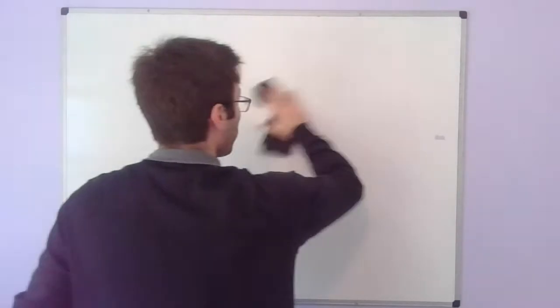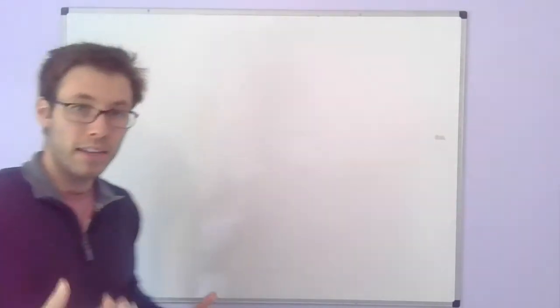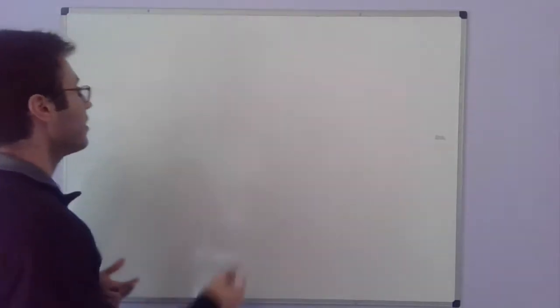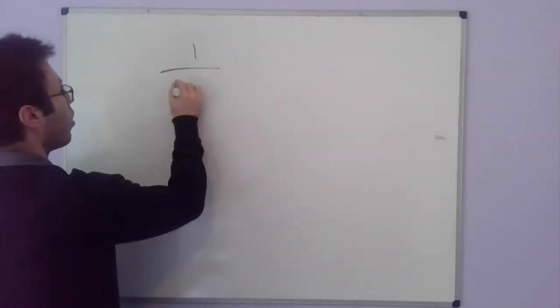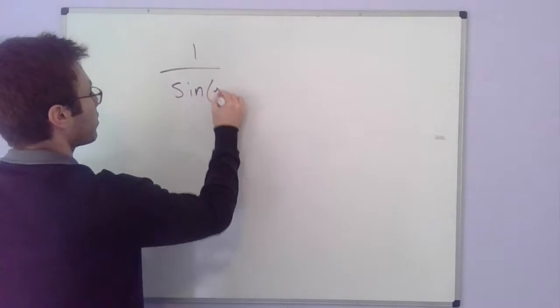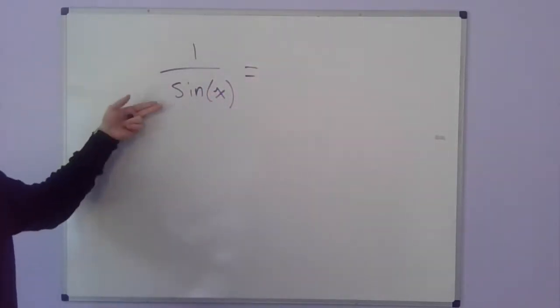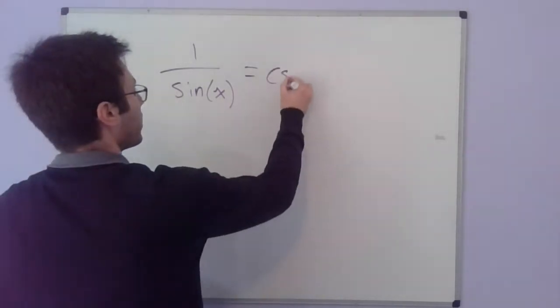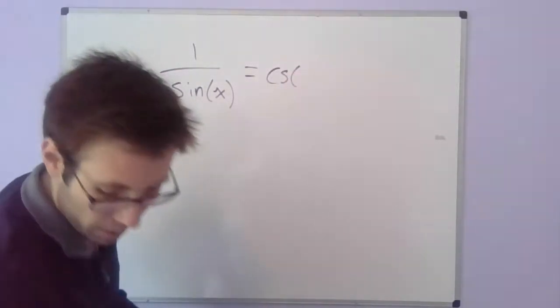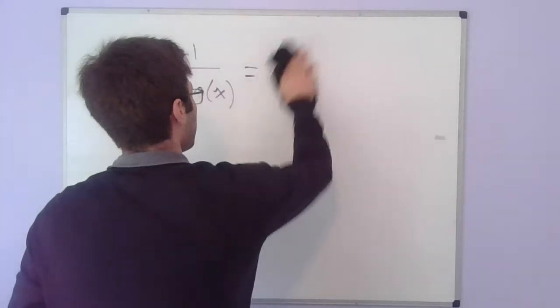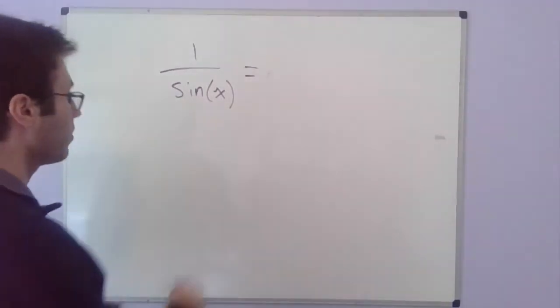It's also important to know the basic trig identities, like 1 over sine of x, what that is equal to. So 1 over sine x is equal to cosecant x.